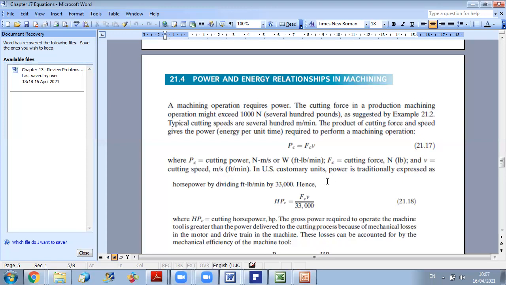So the horsepower will be obtained by dividing the power in ft·lb per minute by 33,000. So in case they ask you in the exam to get the horsepower, you should pay attention to first get your value in ft·lb per minute, then divide by 33,000.